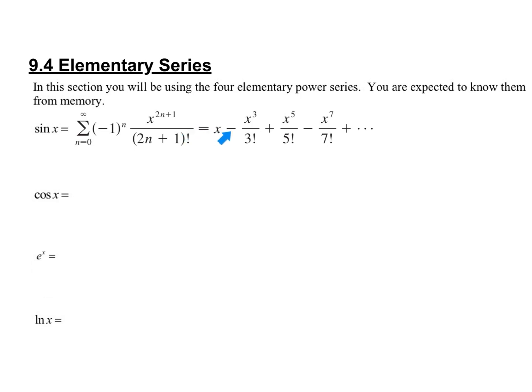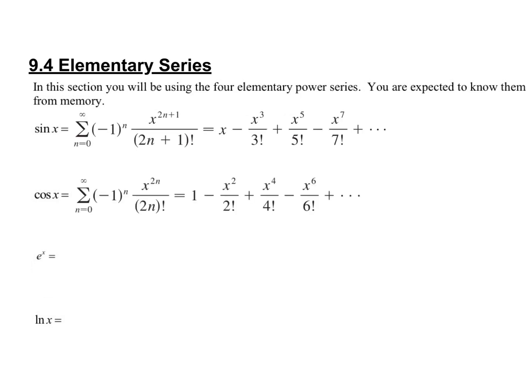So x minus x cubed over 3 factorial plus x to the 5th over 5 factorial minus x to the 7th, and it goes on forever, of course. So the sine is the odd powers. And then the cosine was the even ones, and it starts with 1.